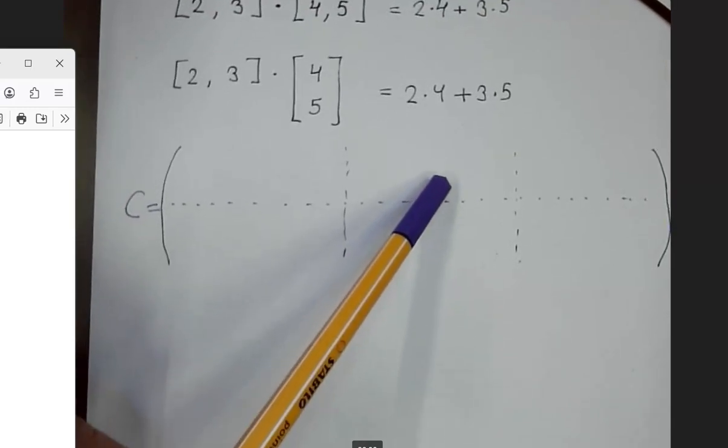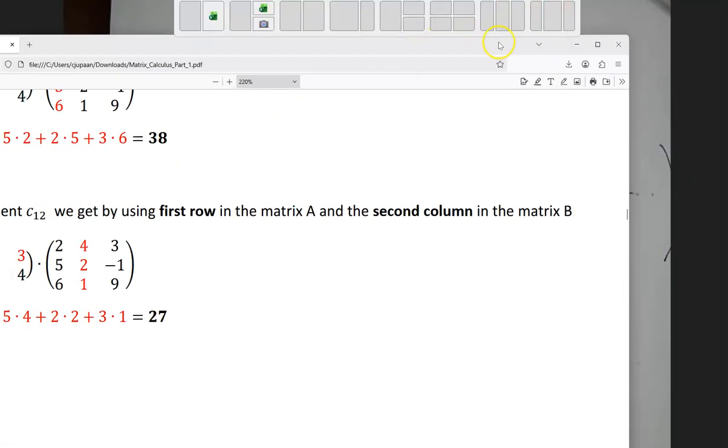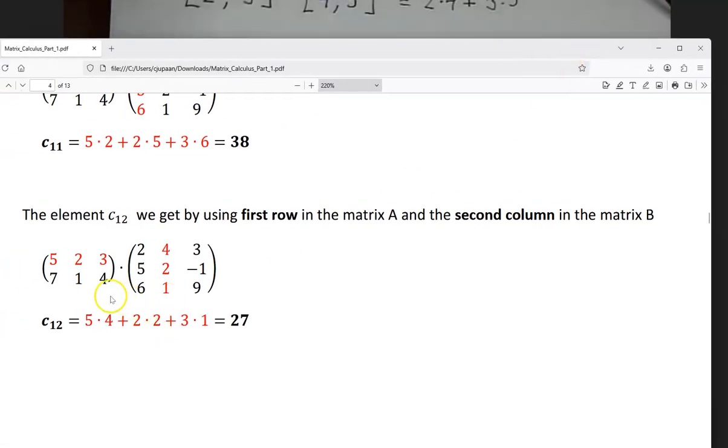So it will be the element C1,2. And here you can see the method. This tells us that in the first matrix you need to take the first row, and in the second matrix you need to take the second column. So those red ones here. And again the same method, 5 times 4, 2 times 2, and 3 times 1. And that will give us the result 27.